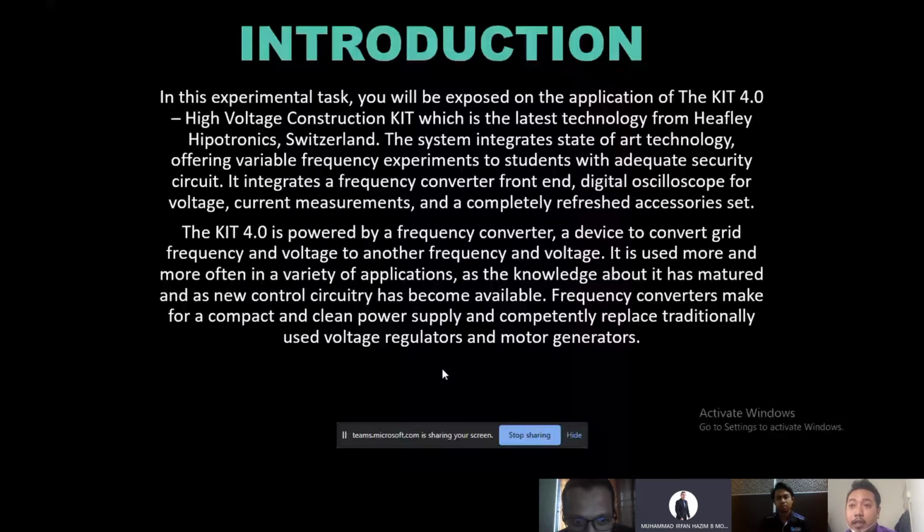In this experimental task, we will be exposed to the application of the KIT 4.0 high voltage construction kit, which is the latest technology of Haefely Hipotronics Switzerland, a system integrating state-of-the-art technology, offering variable frequency experiments to students with adequate security circuit.